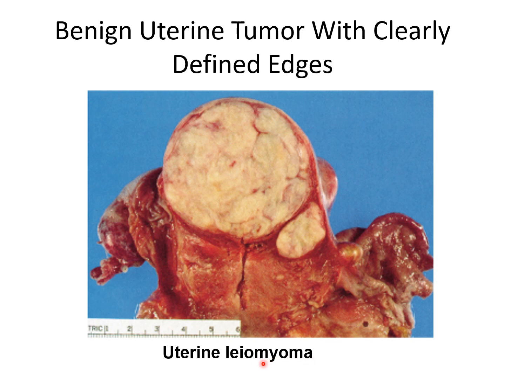Okay, so myo is muscle, and oma is typically a benign tumor. And the term leiomyoma means it's a benign tumor of smooth muscle origin. And so a uterine leiomyoma tells me a lot. It means that it's a tumor that originated in the uterus, and the tissue that was abnormal would be the smooth muscle of the uterus.